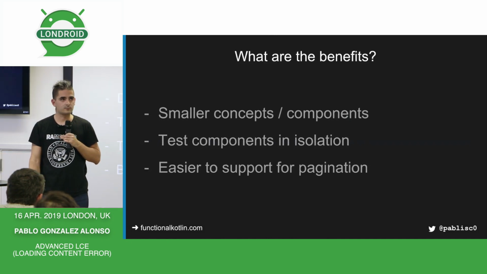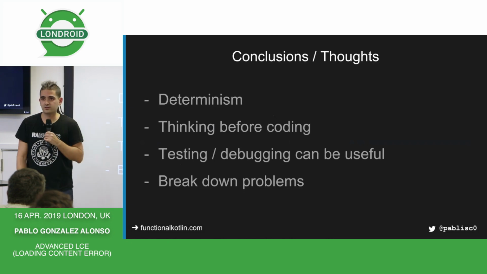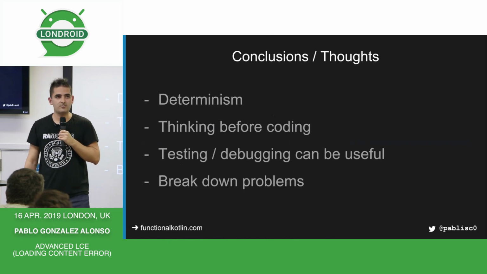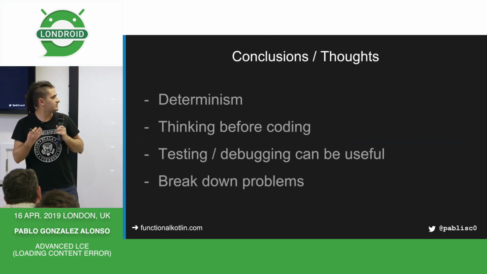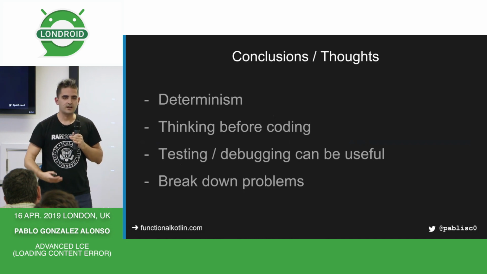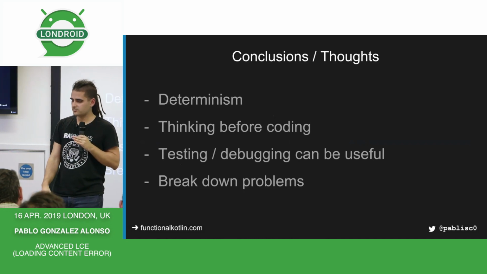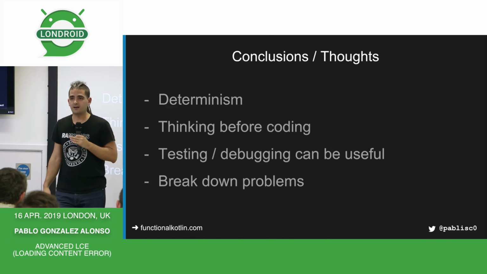Now, some conclusions and thoughts, almost finished, so you can grab a drink in a minute and get it over with. So it's good to have determinism. You want to be able to replicate what you're doing and be able to know what's going to happen. It's good to think before you code.